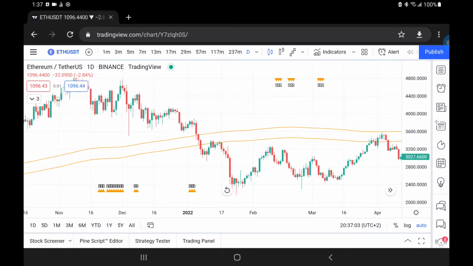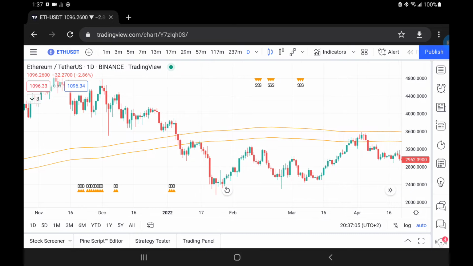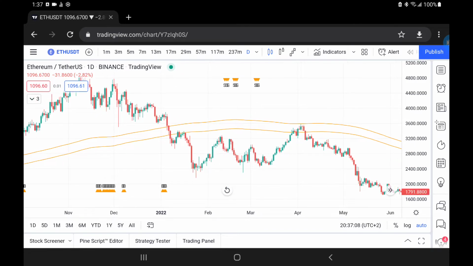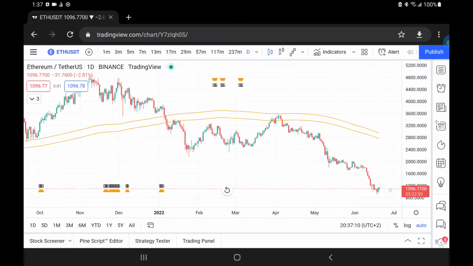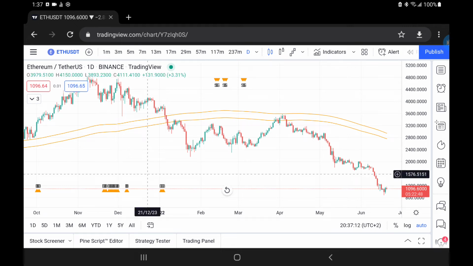Now, even when the correction first started, back in November, the momentum behind the correction was still trending upwards.